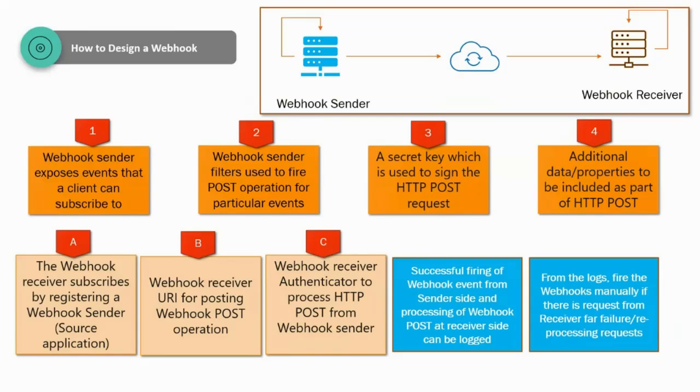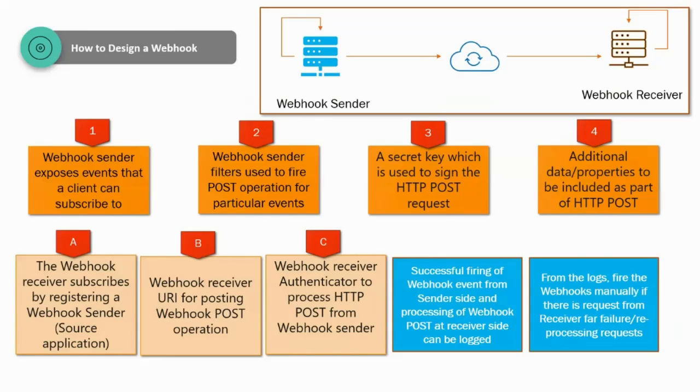Third, we need to identify additional data or properties that need to be passed to the webhook receiver as part of the post operation, that is, the payload information. Usually, the post operation will be performed using either HTTP or HTTPS protocol.